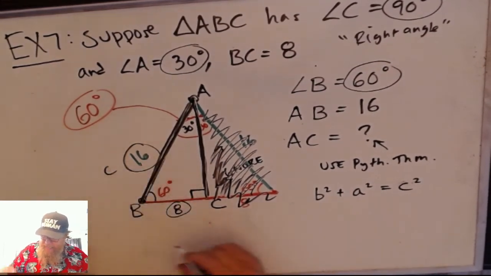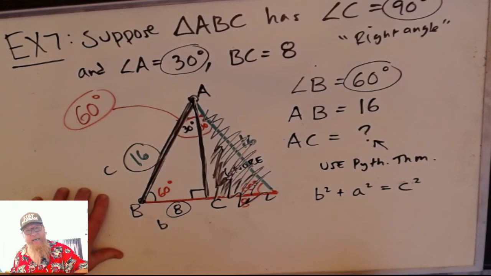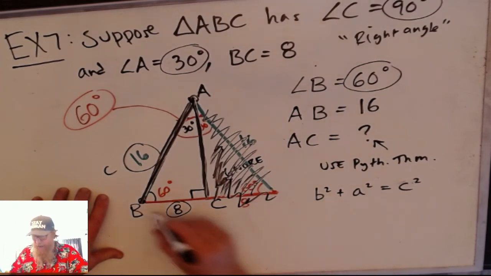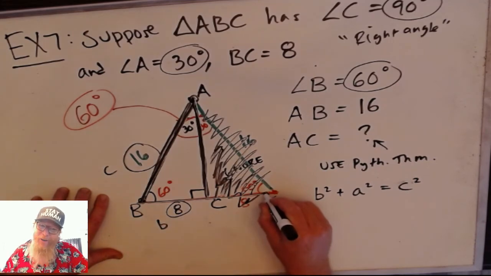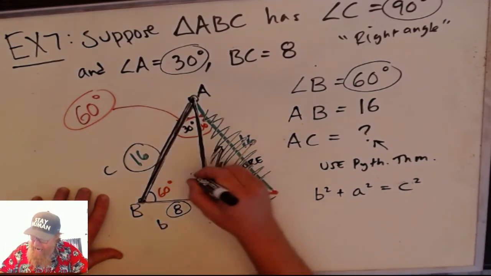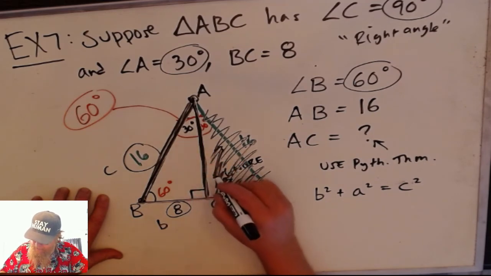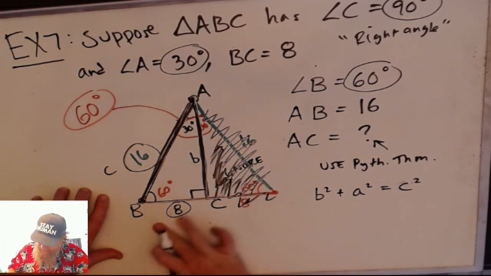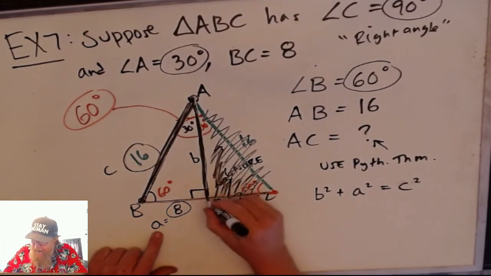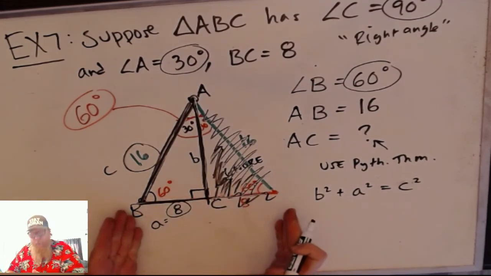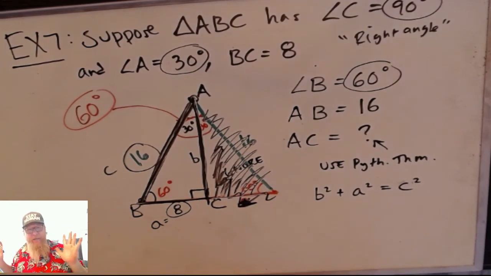So this is C, this is B. I know I called this A a minute ago. I really should have just called it X. I regret not doing that, but A is actually here. Oh, this is actually B, and this is A. So A is now half of what I was calling A a minute ago because I'm ignoring that side.